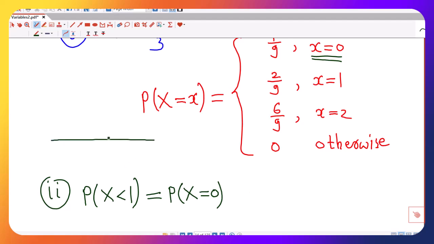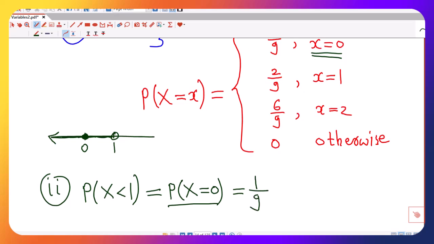For x less than 1, we are on this left hand side. Now our probability mass function is 0 at all the other points except 0, 1 and 2. So here we have only this non-zero probability. So this will be 1 by 9 that we have obtained.